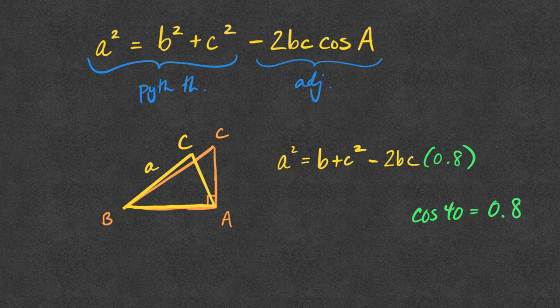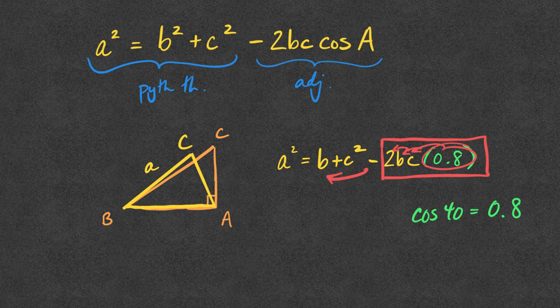So take a look and see what the consequence of that is in our cosine law. That means I'm going to take my 0.8, multiply it by C, multiply it by B, multiply it by 2, and now that whole value that I just boxed in red, I have to subtract from my Pythagorean theorem.